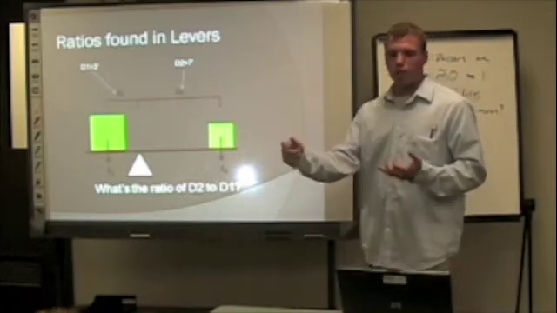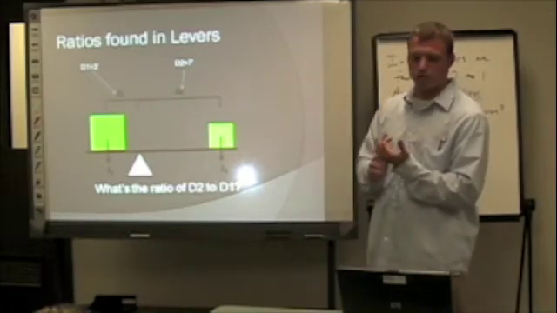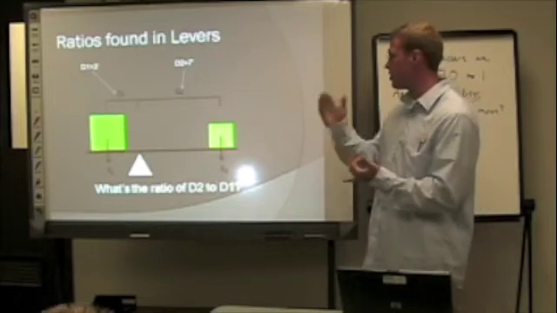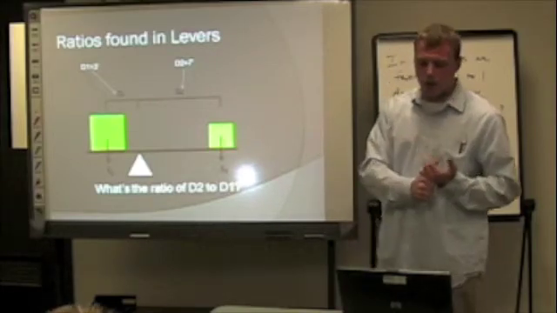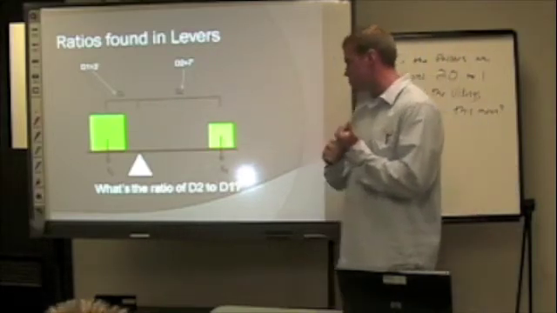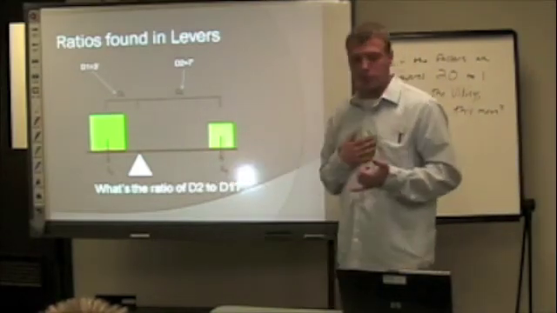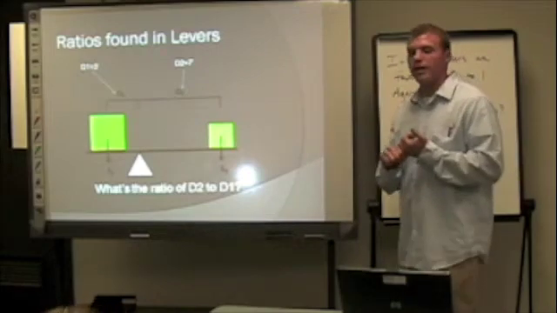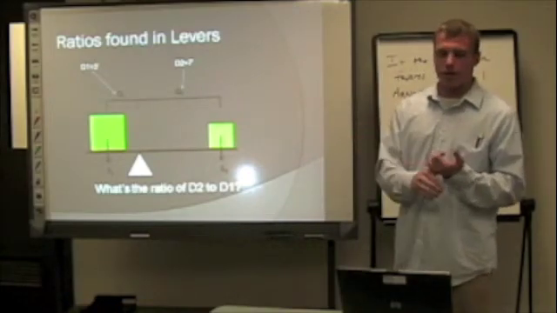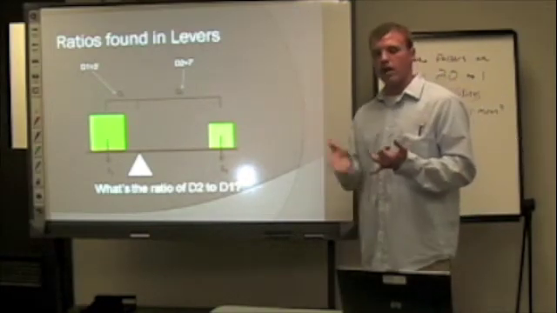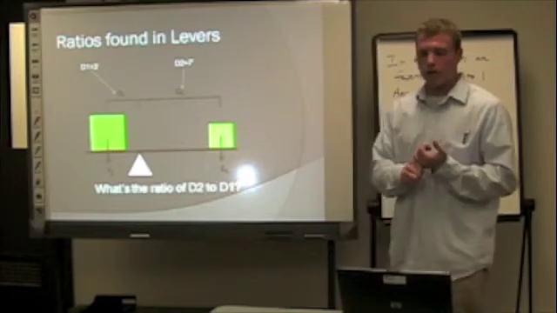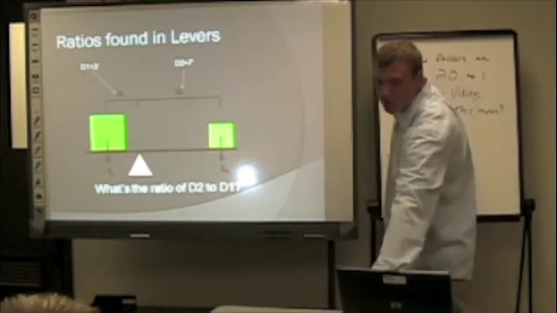So what we've learned before, you've got to ask what the question posed. The question posed, what is the ratio of D2 to D1? Therefore, you start with D2 first, and then move on to D1, excuse me. So it could be written as 7 to 3, 7 fraction 3, or 7 colon 3.